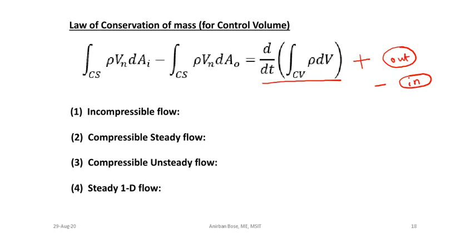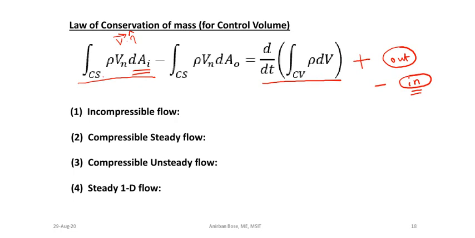So if you take these two terms to the left hand side, then you will find that the coming in portion will be positive. Here you see rho into the normal component Vn, which is basically V dot eta cap dAi.